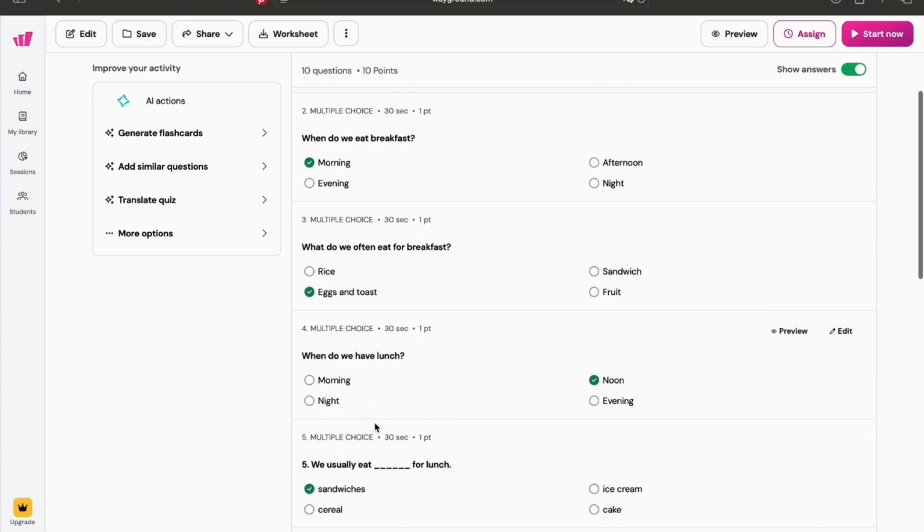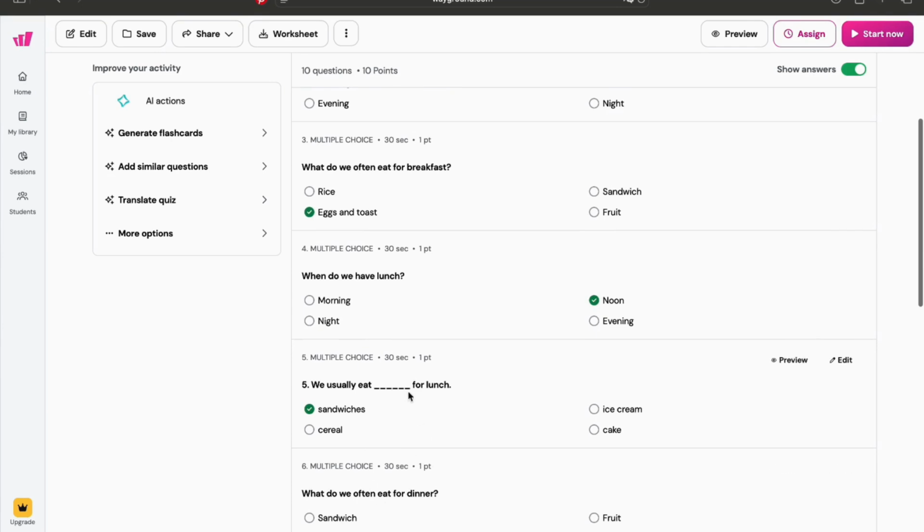For multiple choice, students need to choose the correct answer from the option provided. They should read each option carefully before selecting their answer.